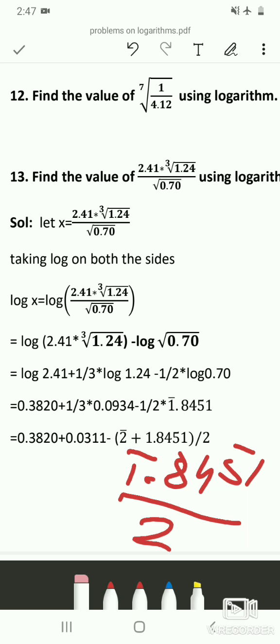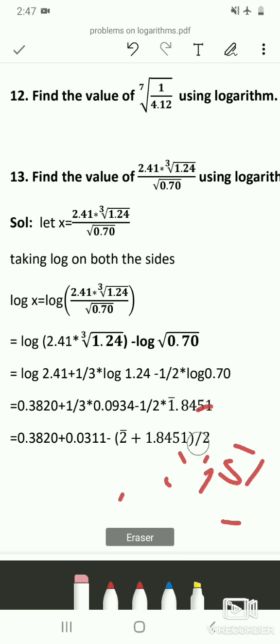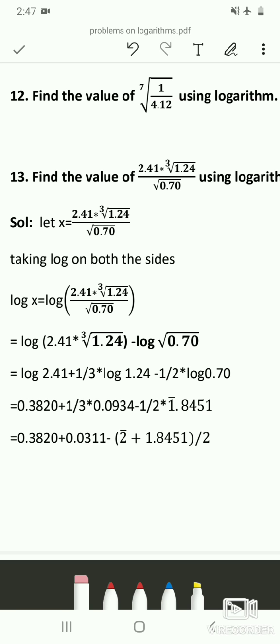So using that technique we have to simplify this step. So for one problem I have shown the method. So here this term can be written as bar 2 plus 1.8451 and whole divided by 2 is as it is.